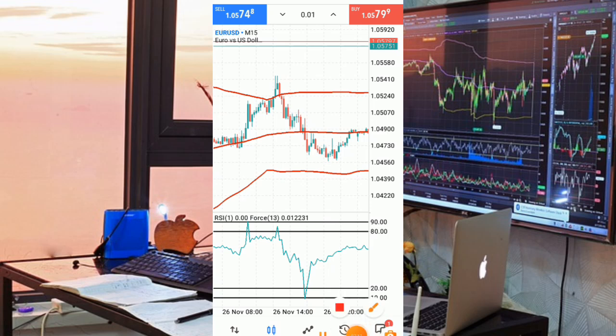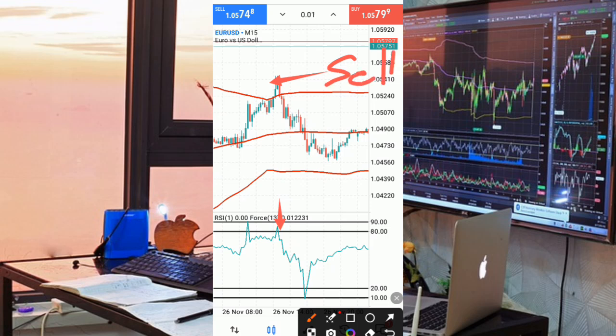You can see price coming above the 80 line level here. At that point, it's telling us that we have got to enter a sell trade. So price movement is going down. Remember, this is the 15-minute time frame, so price has been going down, like you can see on the force here.